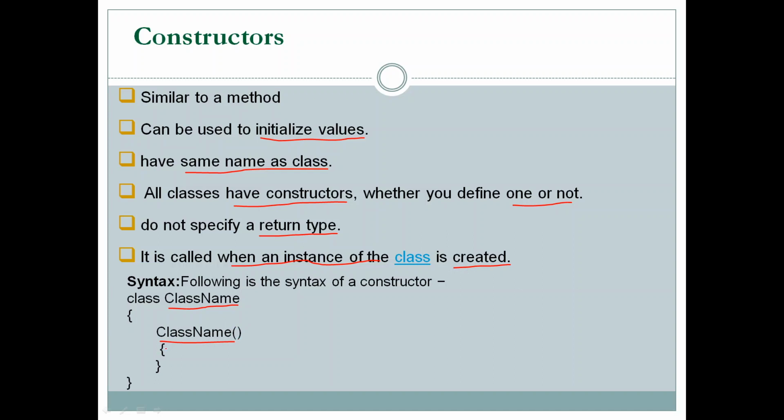A constructor also has a body like a method, curly bracket open and curly bracket close. Any number of statements can be included inside the body of the constructor. So this is how a constructor needs to be declared. Remember, the name of a constructor should match the class name, and there is no return type for the constructor. Okay, let's look at one example.